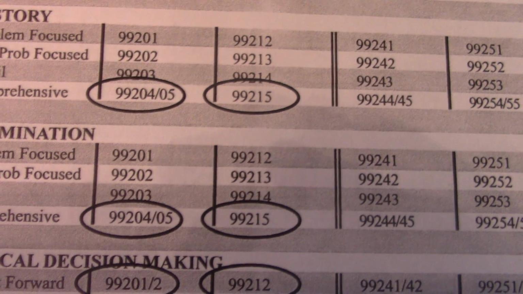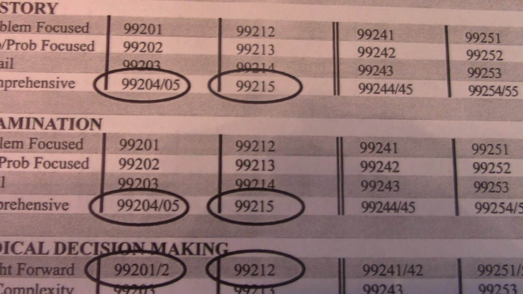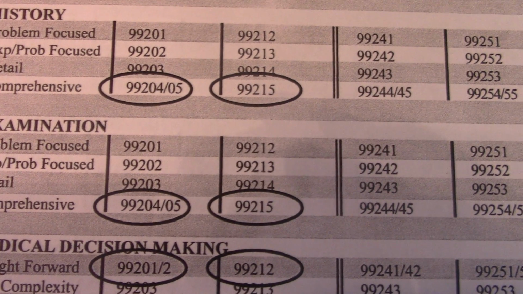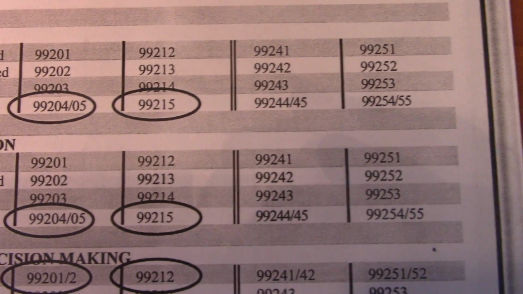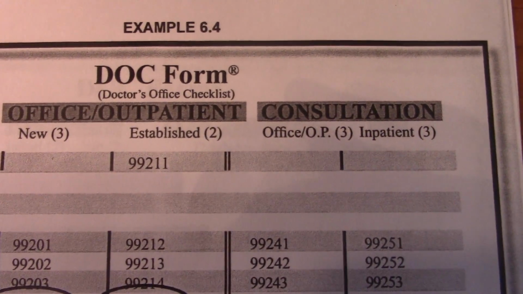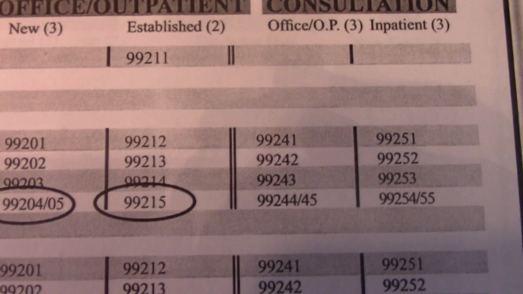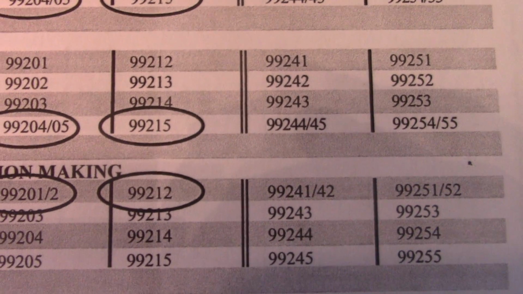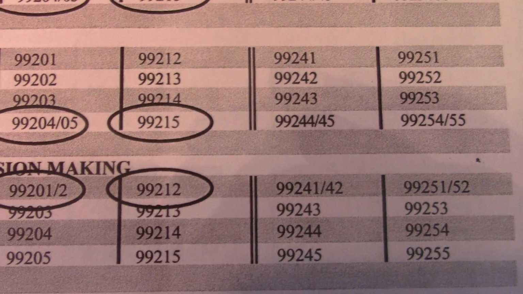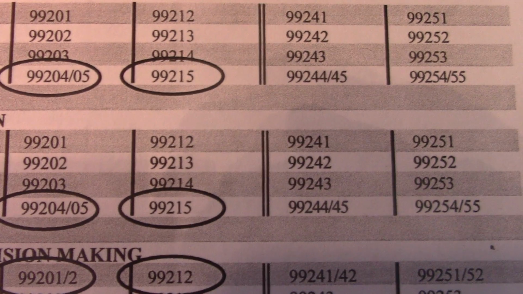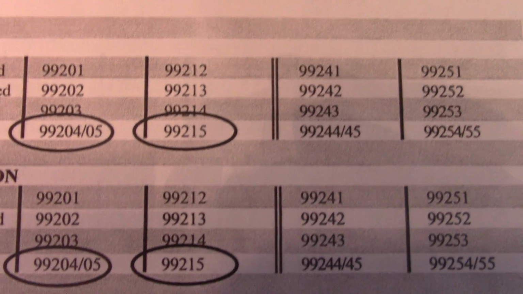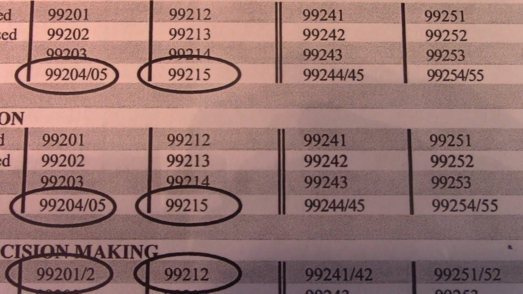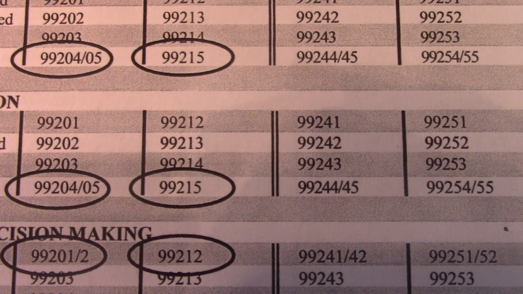The max you could probably get out of that is a 203 visit. But yet look at the established patient. They had a 99215, 99215, and again, the easiest medical decision making, 212, but because you only have to meet 2 out of the 3, that visit would be a 99215.